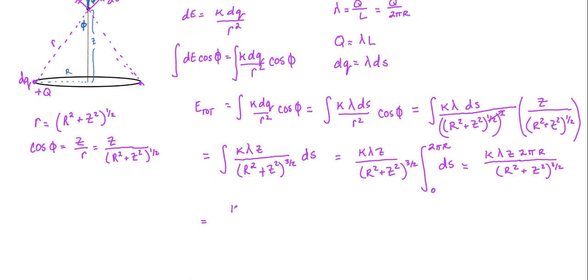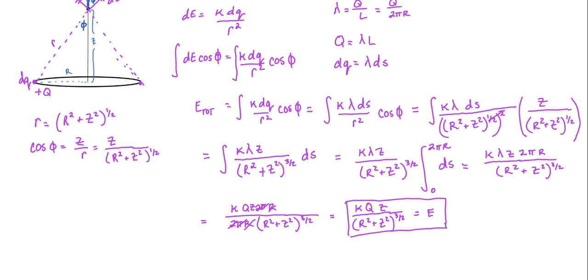So I'll end up here with k times q times, sorry, I left out my z, 2 pi r over, there's the other 2 pi r that came from my substitution, times r squared plus z squared to the 3 halves. Okay, now we can factor out 2 pi r, and we're left with k q z over r squared plus z squared to the 3 halves. So this would be an expression that I would have for the electric field at that point z.